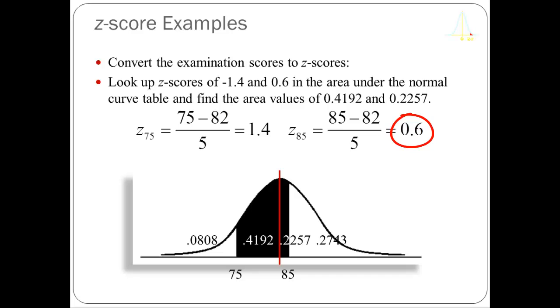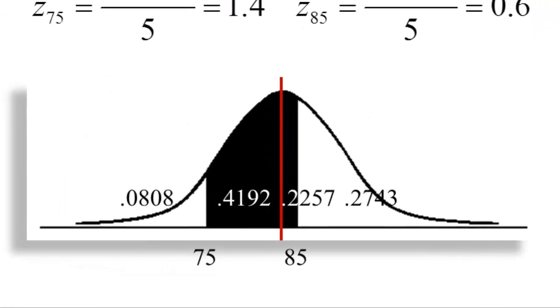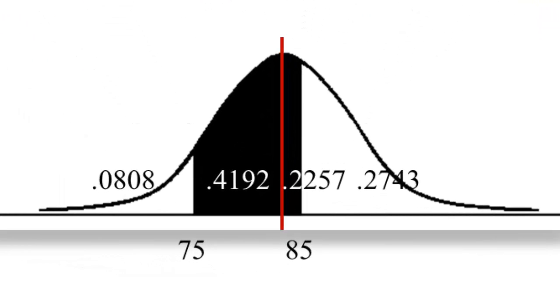So I'm interested now in getting the probability of the area between minus 1.4 and 0.6, or in another metric, 75 and 85. I've entered the probabilities here in this graphic based on the data I got out of the z-table. I used the z-table to discover that in the lower tail, the white area to the left, there's 0.0808 of the distribution.